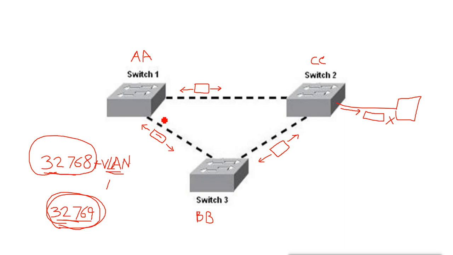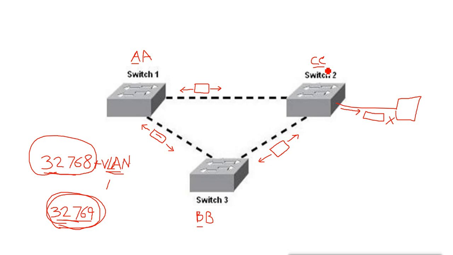So if they have the same bridge ID, the root bridge will be decided by the MAC address. Whichever switch has the lower MAC address will become the root. If we have A, B and C, A is less than C and B, because going by the hexadecimal value, A means 10, B means 11, and C means 12.